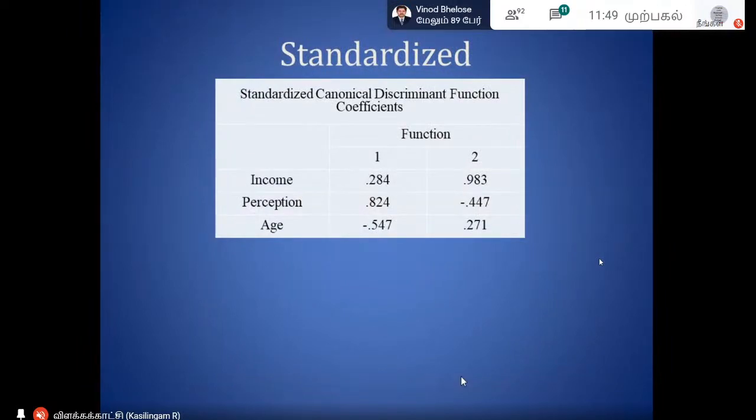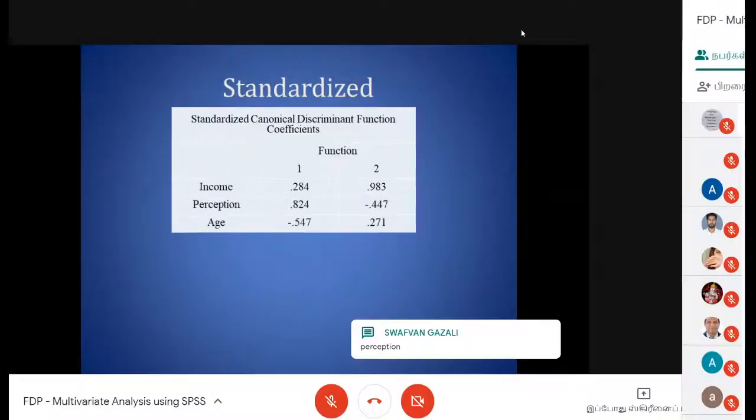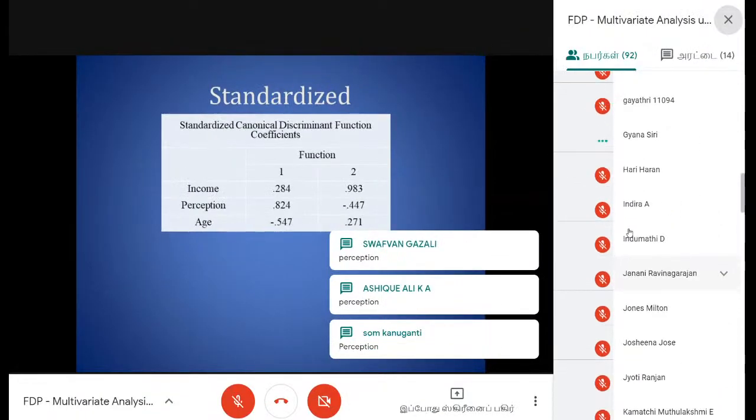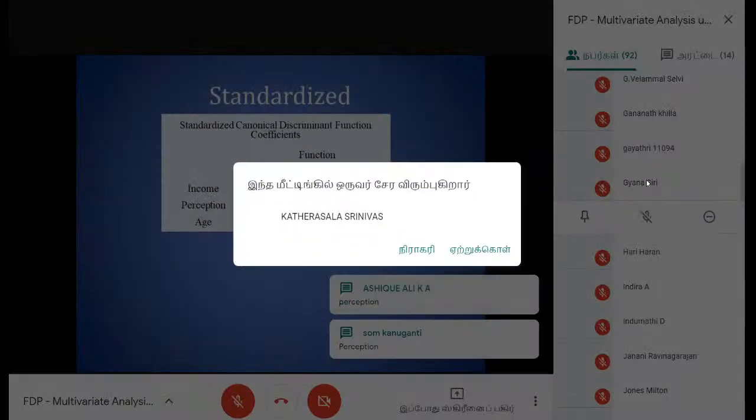Though I know function 1 is important, can you tell me function 1 is a function of what? Otherwise, which variable influences function 1 more? Perception, because it is 0.82.